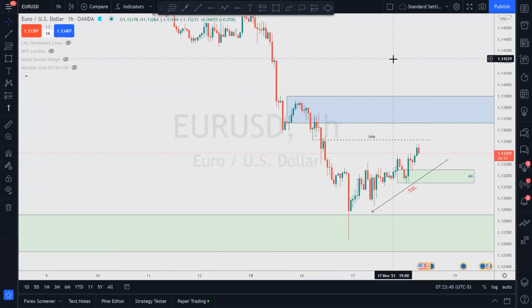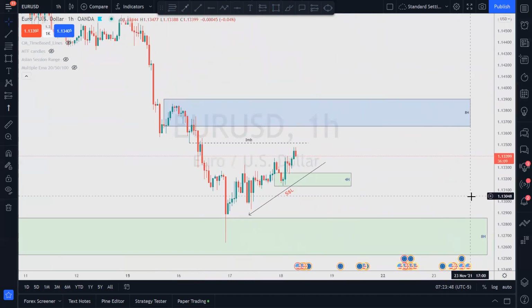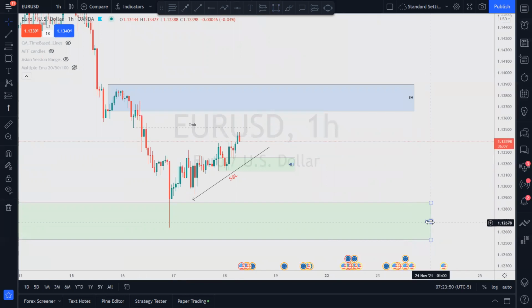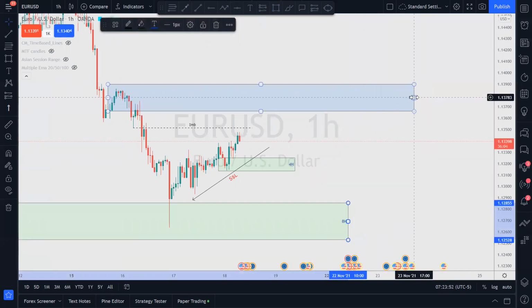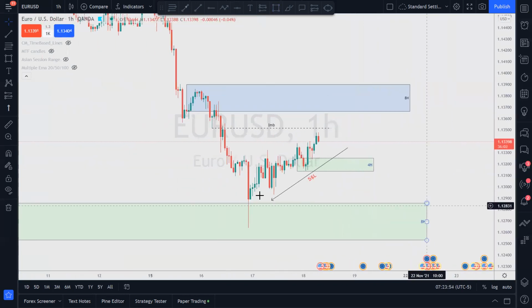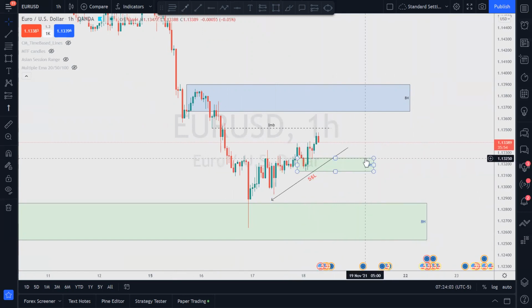All right, let's move. 1 hour. I'm going to refine some things. We're already from this area, so we don't need to refine this anymore until it comes back down to this. This 4 hour, we may be refining that down to here.